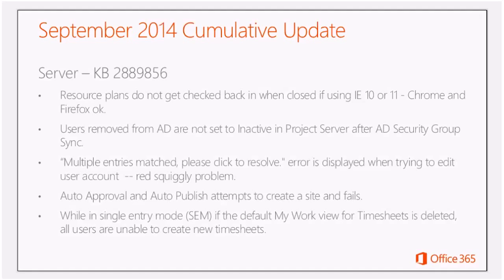If that option is turned on and the project manager has that capability, what was happening is this. Let's suppose that I, as the project manager, assign Brian a task. Brian gets it, and in either single entry mode, timesheets, or My Tasks, Brian enters some actual work and then submits that for approval. As soon as he does the submission, it gets auto-approved and then auto-published.